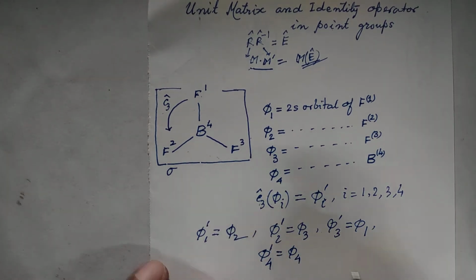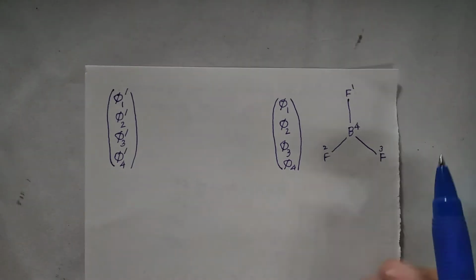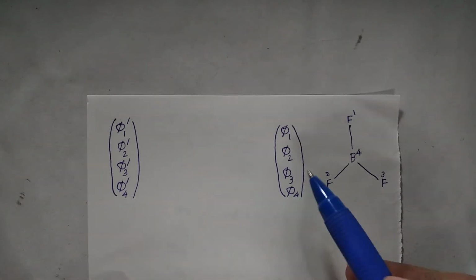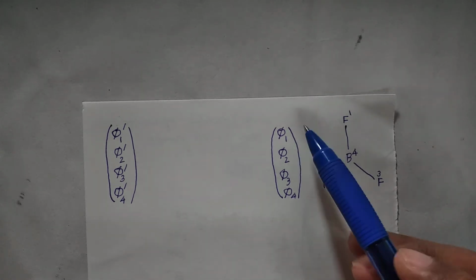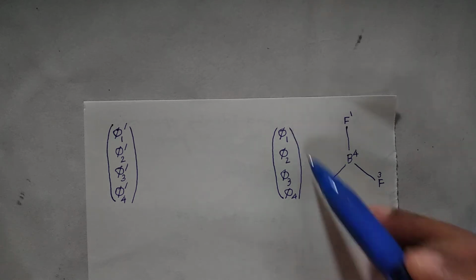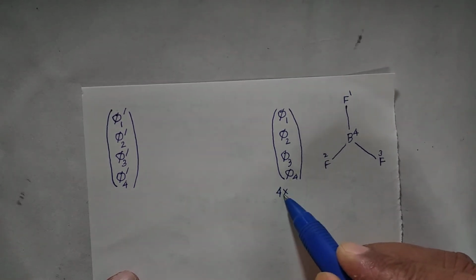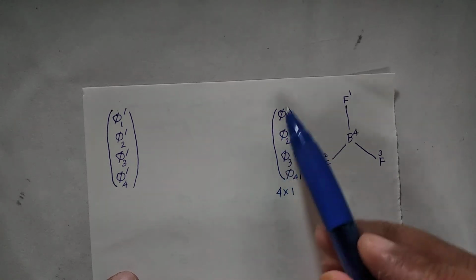These four relations can now be expressed in the form of a matrix like this. Suppose we write the initial functions phi1, phi2, phi3 and phi4 in a column matrix. It is a 4 by 1 matrix, 4 rows, 1 column.